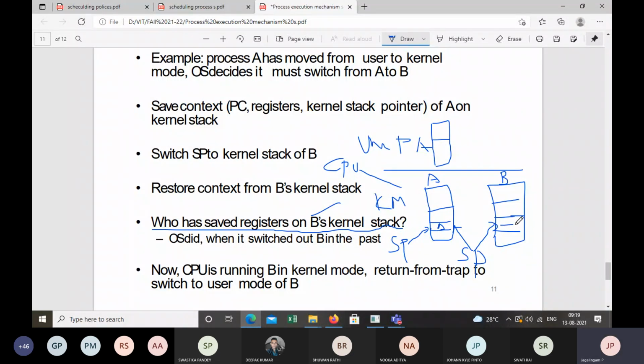So when the stack pointer is pointing to the stack of B, it is going to start the execution from where it stopped in the past.